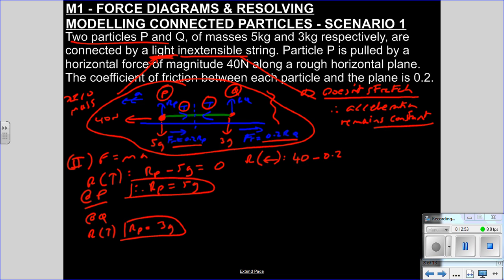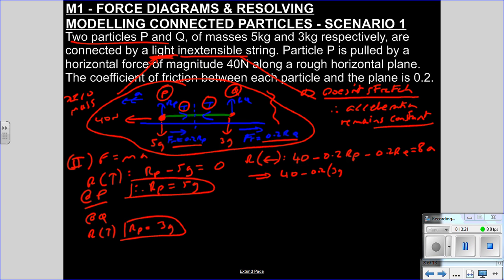Yes. 0.2 RP, so the friction, 0.2 RQ, equals total mass times acceleration. So what is that force? 40 is pulling 5G, but it's also pulling 5 kilograms, but it's also pulling the 3 along with it. So the total mass is 8 kilograms times the acceleration, okay? And we know what RP is, we just worked it out.